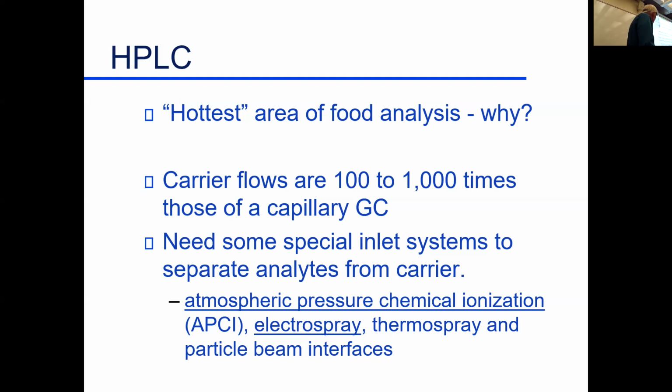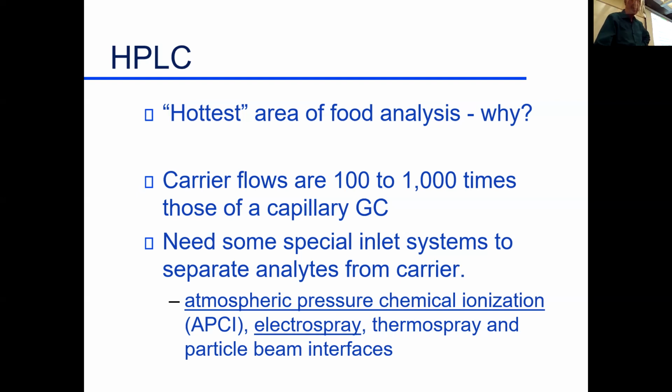So there's been a good deal of creativity in terms of the inlet systems and how they manage them. These are some of the more common: atmospheric pressure chemical ionization, electrospray, thermospray, particle beam interfaces. And I guess we end up using the first two that are underlined fairly commonly. The other two are a little less commonly used.